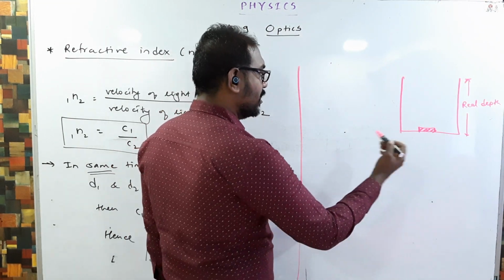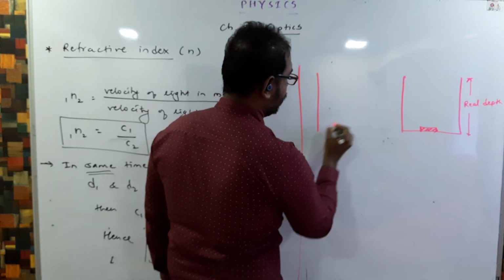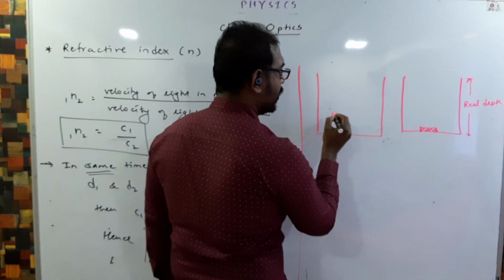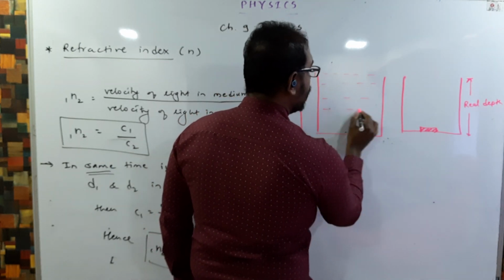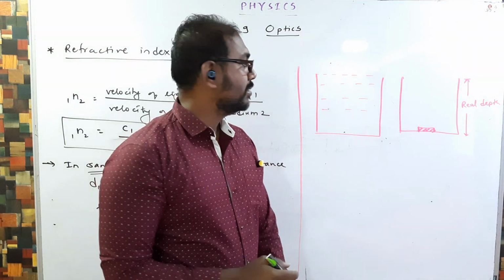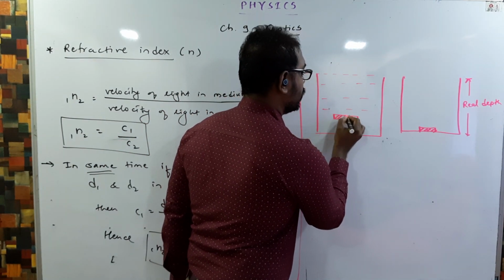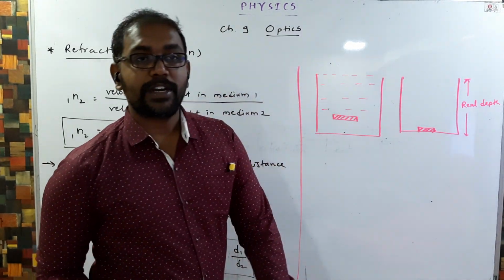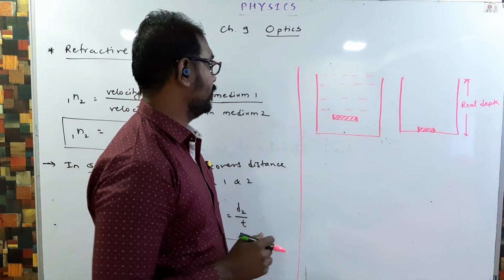Now let me draw the same diagram, same glass, when we fill it with water, then we observe that the coin is lifted by some distance. It is observed because of refraction.